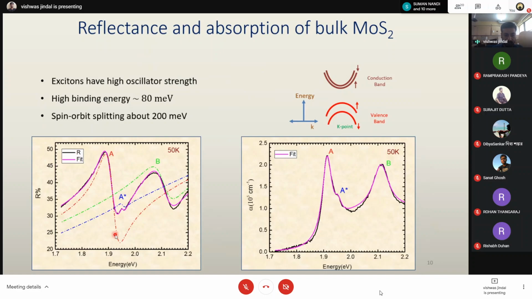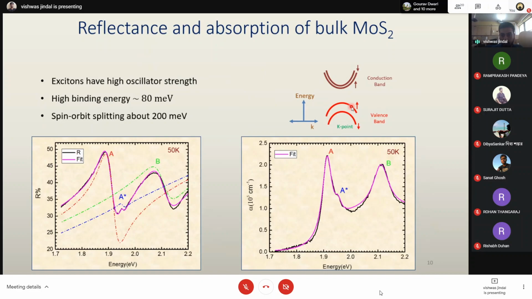And now, why are you seeing these 3 different excitons? First, let's talk about why you're seeing these 2 excitons, A and B. In these materials, spin-orbit coupling happens, whereby the valence and conduction bands split into 2, and the spin of each band gets locked.